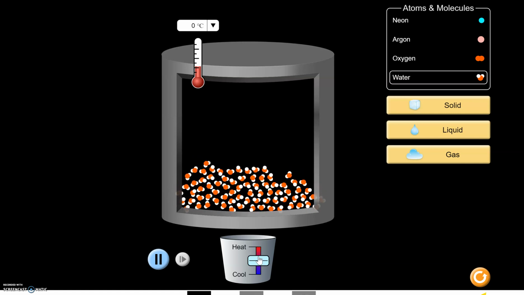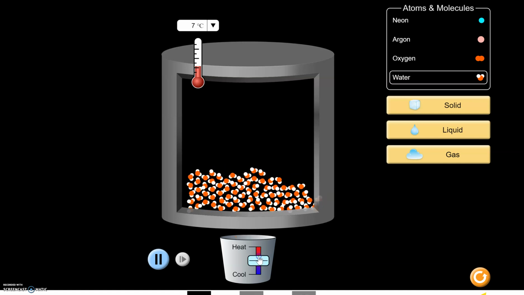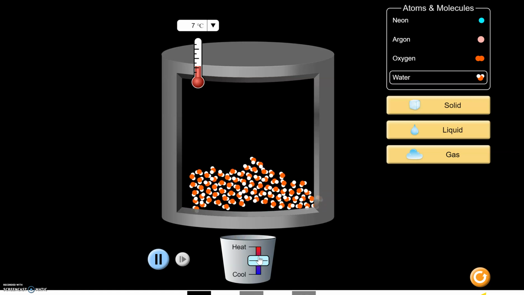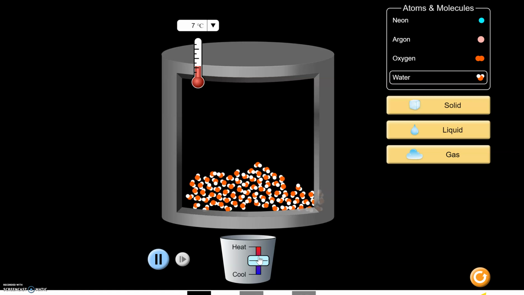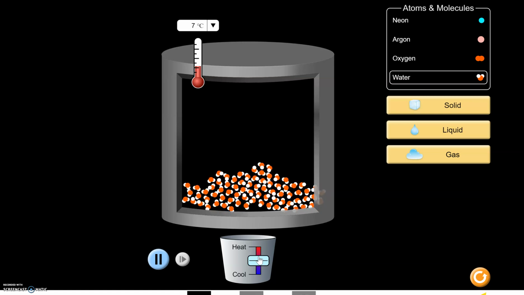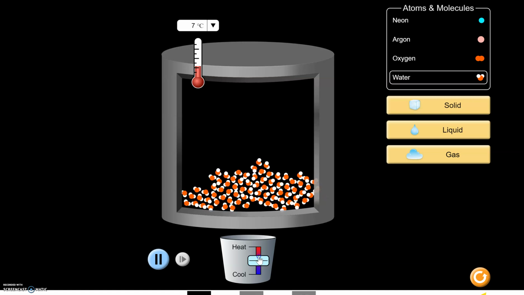They're kind of bouncing around and twitching. And as we change our temperature, notice that they get a little closer together, but that their orientation isn't really fixed. So they're sticking together. We know this. Water molecules are polar, so they stick together, and they're not forced into that locked together orientation that solid water, what we call ice, is.